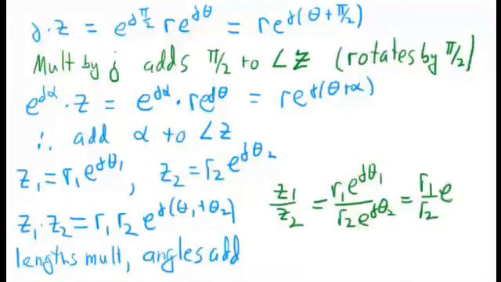And now the rules of exponents say that's e to the j of theta 1 minus theta 2. We conclude that the lengths divide, that is the ratio of r1 and r2, and the angles, you get a difference, theta 1 minus theta 2. In summary, use polar coordinates for multiplication and division. Use rectangular coordinates for addition and subtraction.